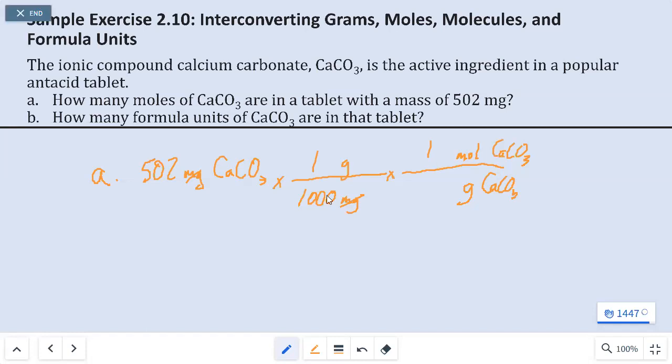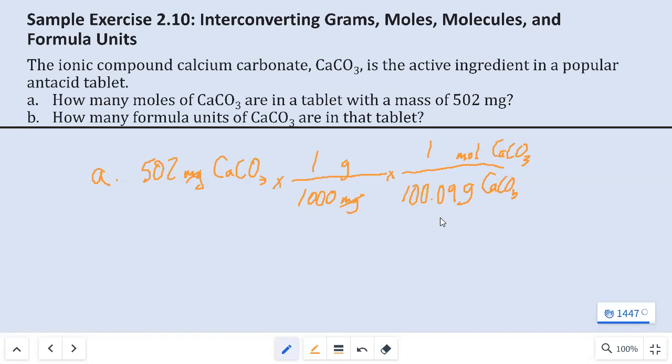to 2 decimal places. And 2 decimal places is kind of the standard number of decimal places to carry out of a molar mass. We get 100.09. Why 2 decimal places? Relatively simple reason: we don't want our molar mass value off of the periodic table to determine the number of significant figures.